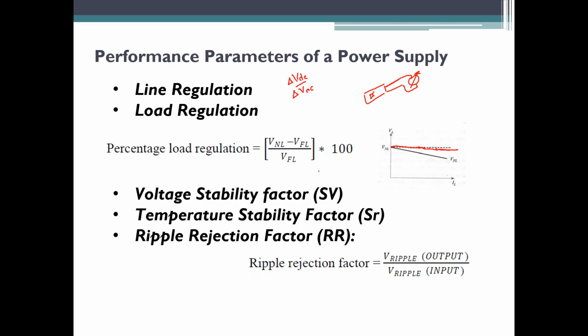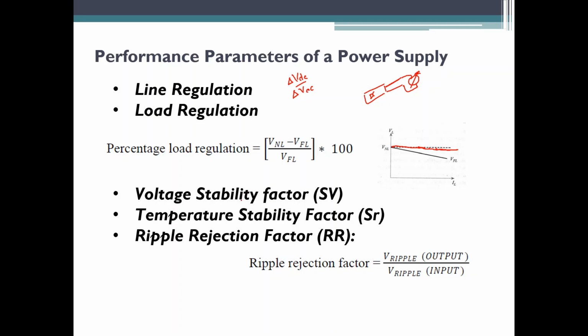This is defined as the percentage change in the output voltage which occurs per volt change in input voltage, where load and temperature are assumed to be constant. It is very similar to load regulation. You are checking by what factor the voltage is varying, but you make sure the load and temperature remain constant. That is the voltage stability factor.